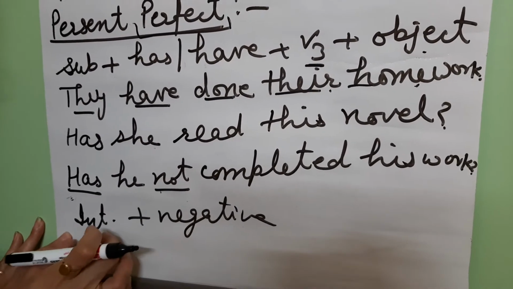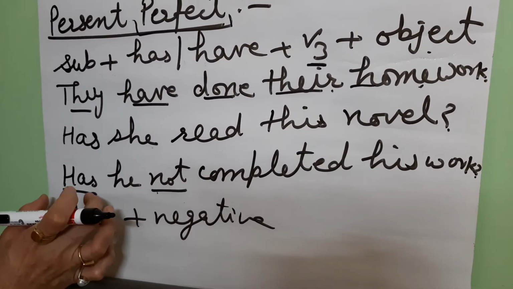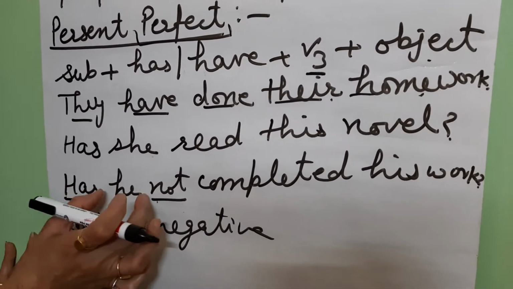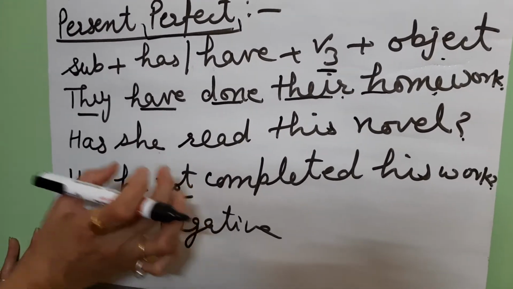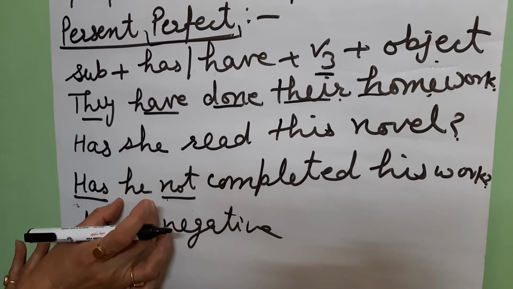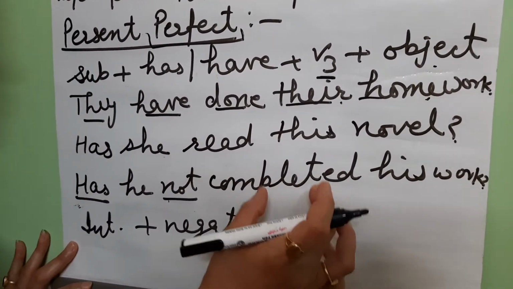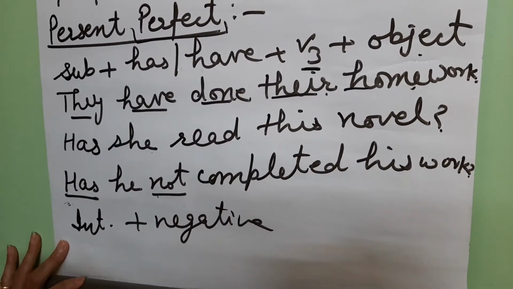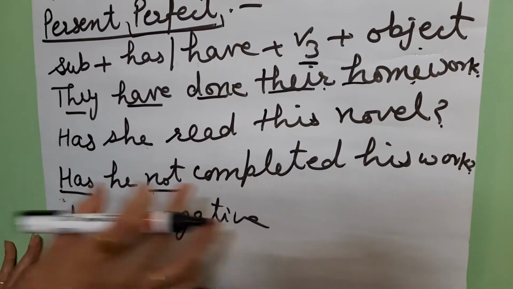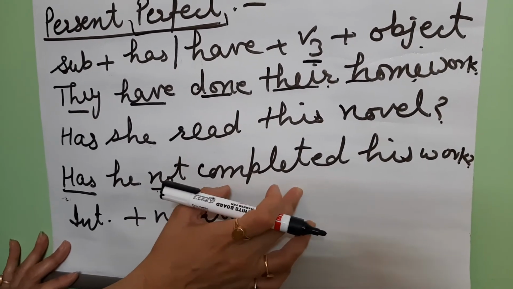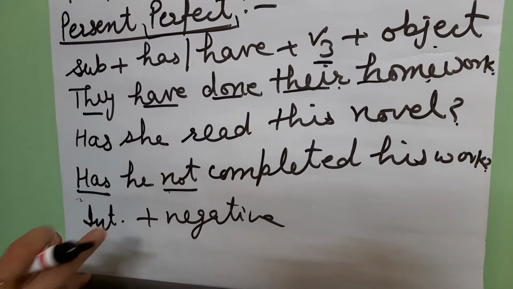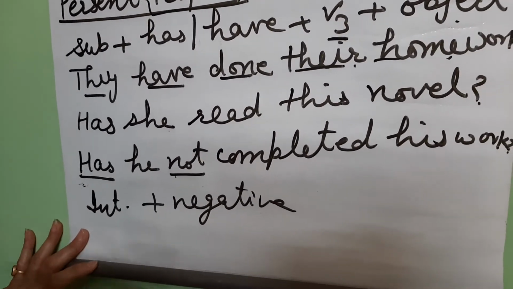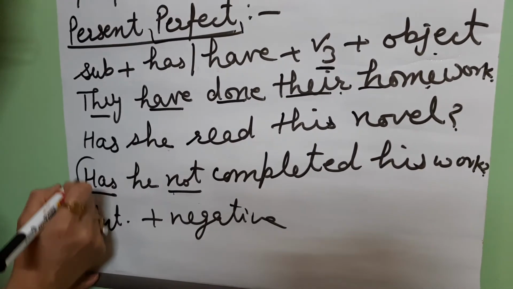If the sentence is interrogative and negative both, then we will put the helping verb at the very beginning of the sentence, then subject, and then not. Not will be used after the subject, then main verb or finite verb, and then non-finite verb or pronoun or object. But in the formation of the sentence, we always begin with the subject in affirmative sentences, and in interrogative sentences, we begin the sentence with the helping verb.